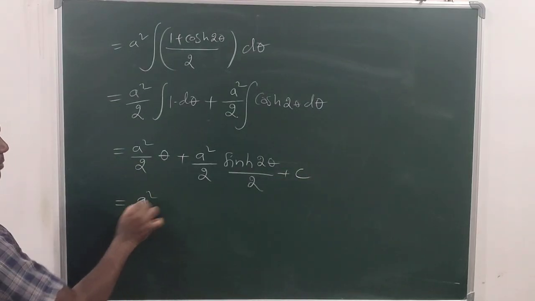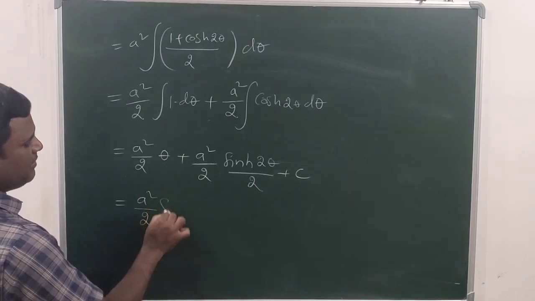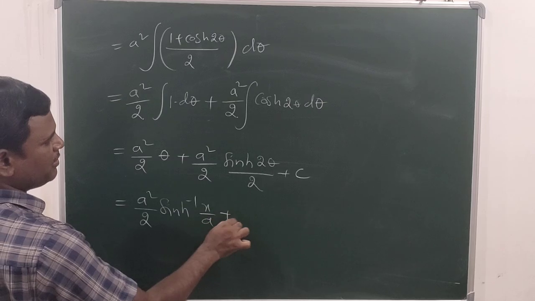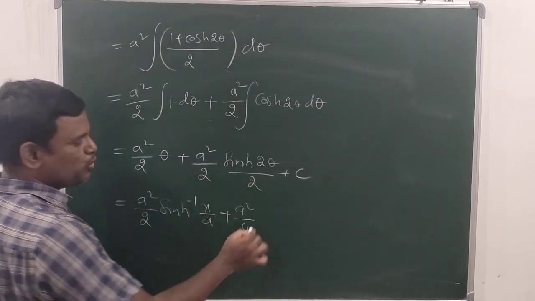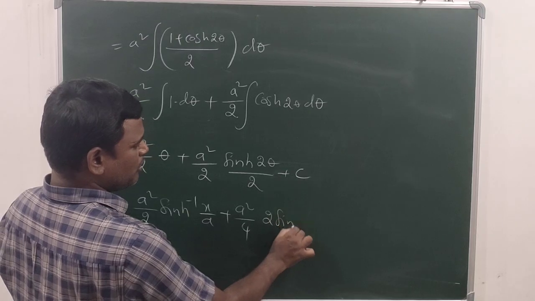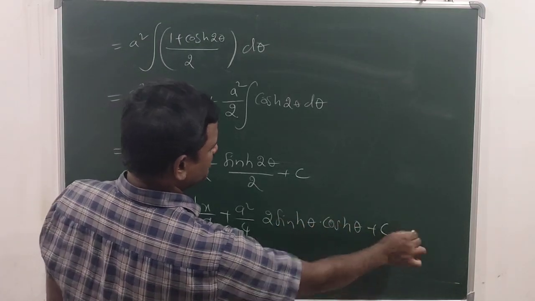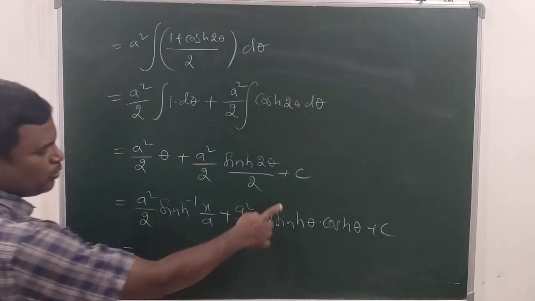So your theta will be how much? Students, tell me. Sinh inverse of x by a. Plus a square by 4, and this sinh 2 theta can be written as 2 sinh theta into cosh theta, plus c. Okay students, the 2 ones are 2 twos.